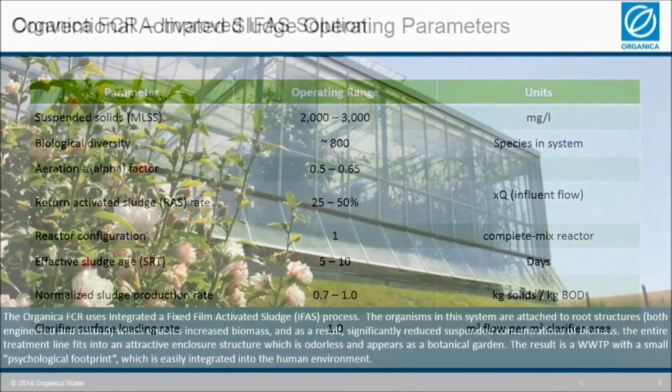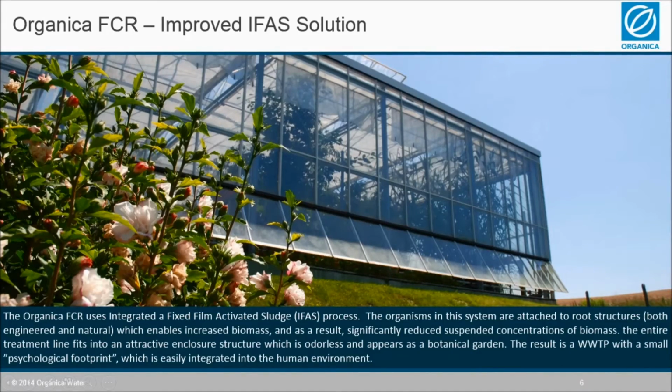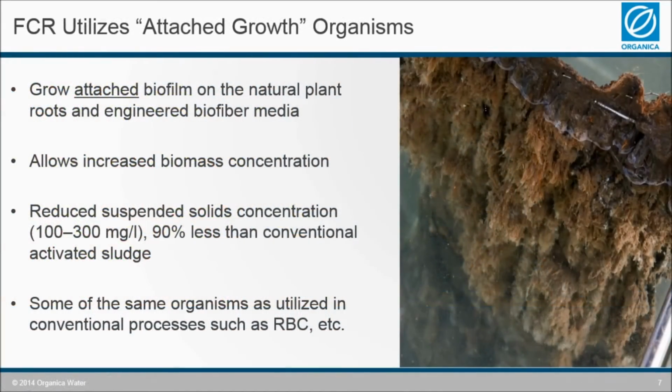end. So then if we look at the FCR, it is an IFAS solution, IFAS meaning integrated fixed film activated sludge, and it uses attached growth organisms. These attached growth organisms attach to both plant roots as well as engineered biofiber media in the FCR reactor that allows increased biomass concentrations.